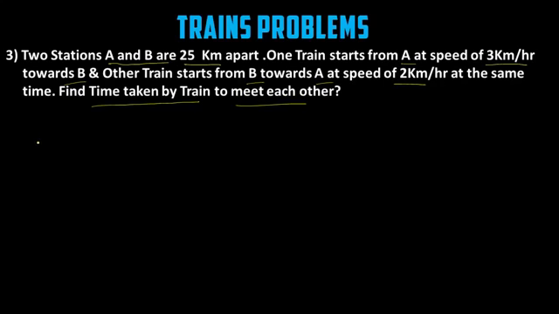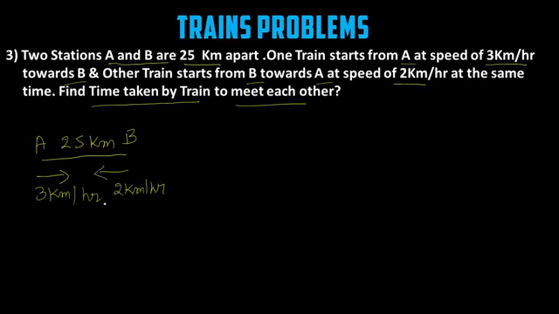So in this question it is given that there are two stations A and B and they are 25 km apart, and one train starts from A at the speed of 3 km per hour and the other train starts from B at the speed of 2 km per hour towards A, and we have to find the time taken by the trains to meet each other.